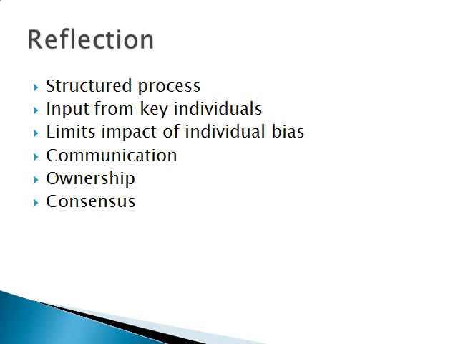It limits the impact of individual bias because everything is transparent, because the attributes are identified and agreed upon and weighted by the group as a whole, and no one attribute or no one person's bias or leaning one way or the other has too much impact.